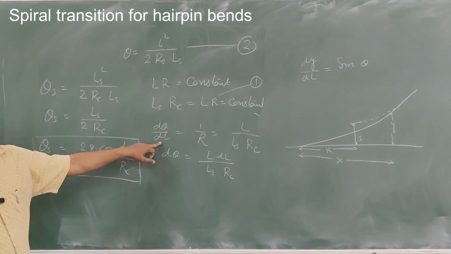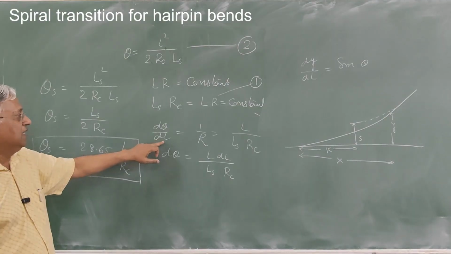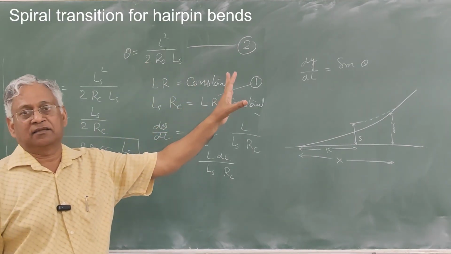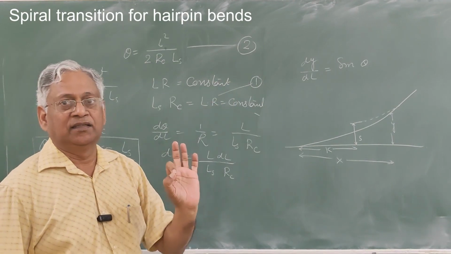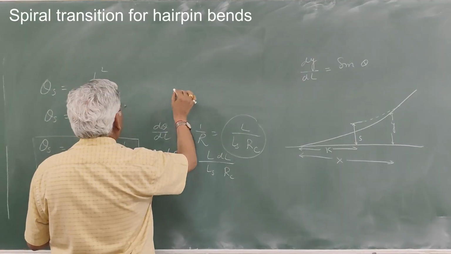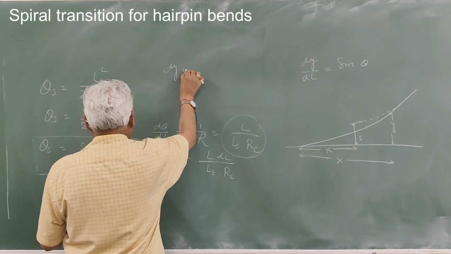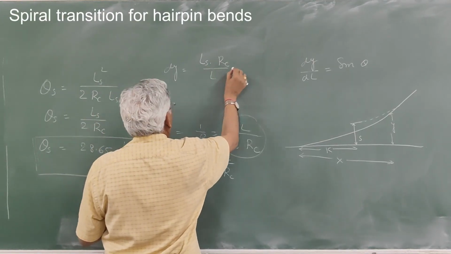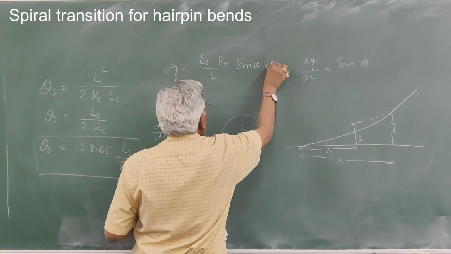Now from this equation, if you put the value of dl and expand the sine theta series, then you can get the value of y. That is a bit longer procedure. So you get dy equal to Ls into Rc upon L into sine theta into d theta.